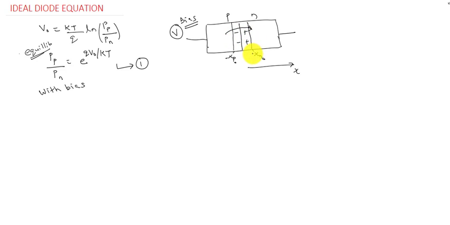Since the barrier width, or the depletion region width, is decreasing, the holes will move from the P region to the N region. And we know that as the forward bias voltage increases, the depletion region width is decreasing.